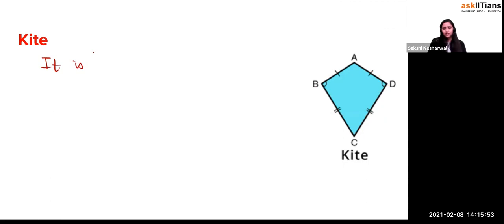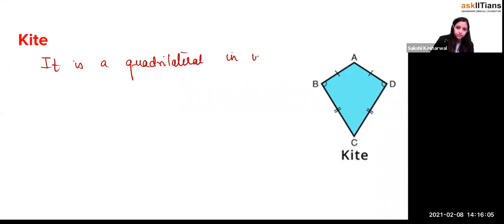Everyone has seen a kite, and many have used kites for playing. I'll write this in points: it is a quadrilateral in which the first two pairs of consecutive sides are equal.